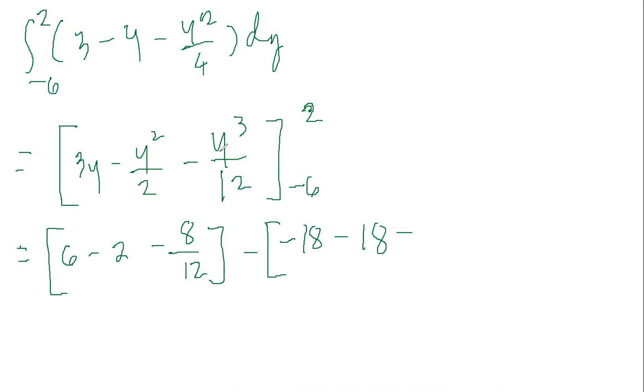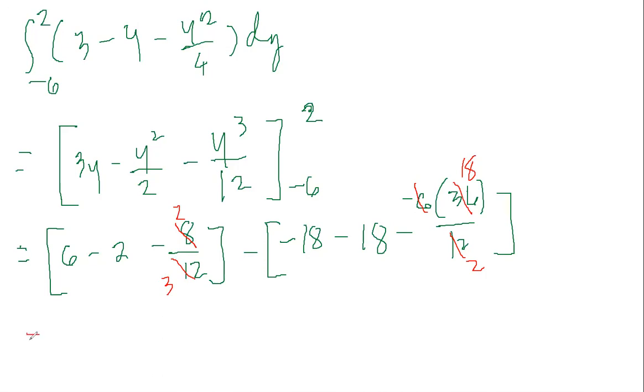Minus, this is 6, so 6 times 36 over 12. Let's simplify. This becomes 4 2/3, and this cancels 2 and becomes 18. Let's check. Correct.